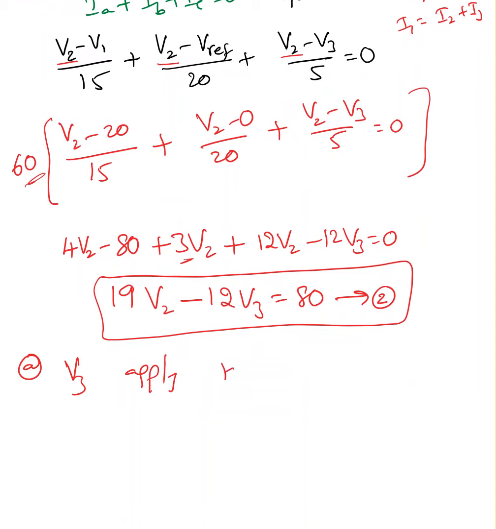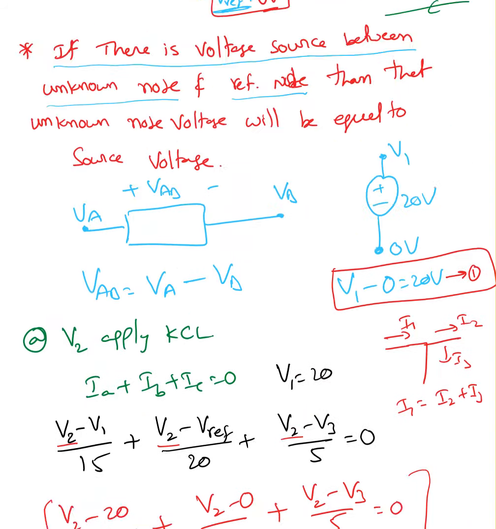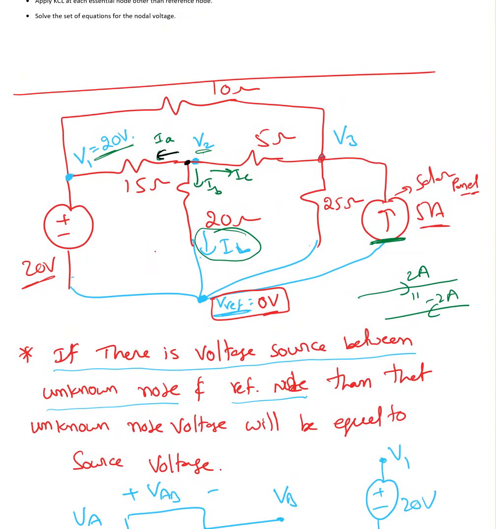Apply KCL. Okay, so here also I'm going to choose every current is going out. I'm labeling them as I1 plus I2 plus I3 plus I4 equal to 0. Okay, so here every current is going out. I'm choosing this I1, I2, I3 and I4.